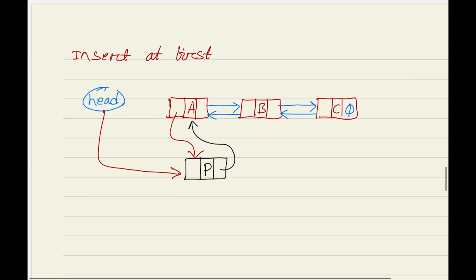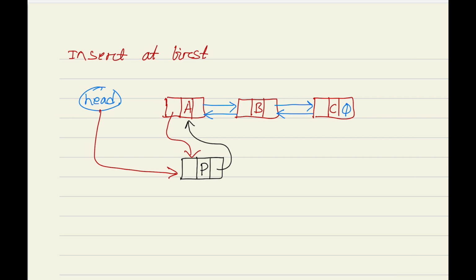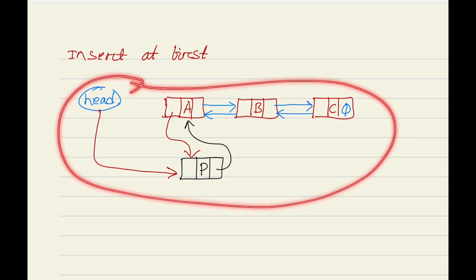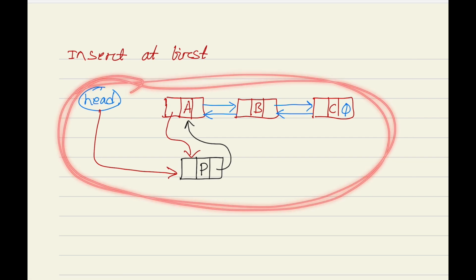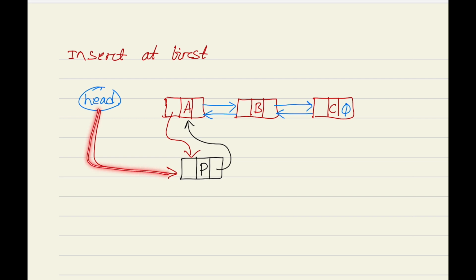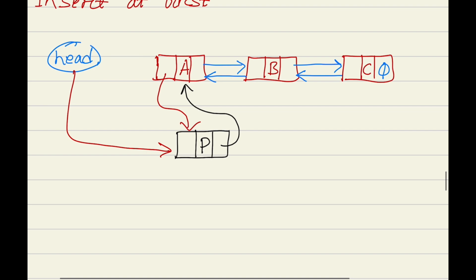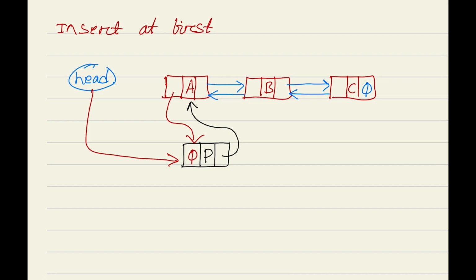So here you can observe, this is the pictorial representation after we insert a node P at the beginning. And here one thing you need to mark, that the previous of P is null. So when we create the new node, both previous and next are null.